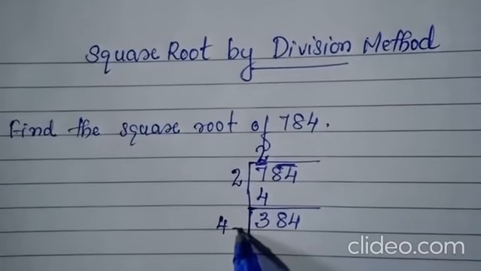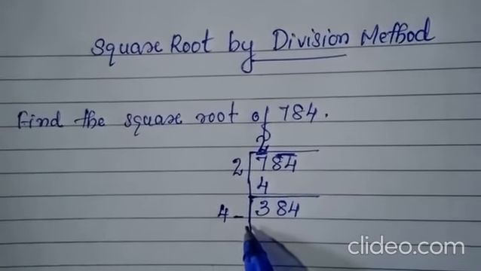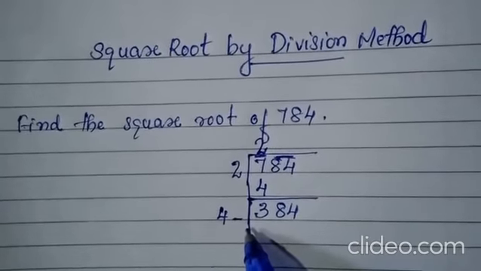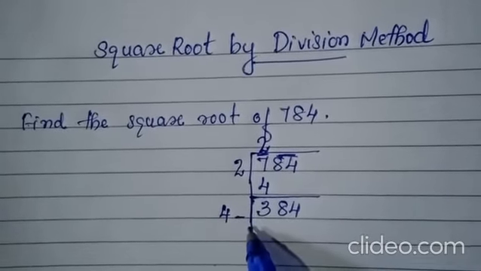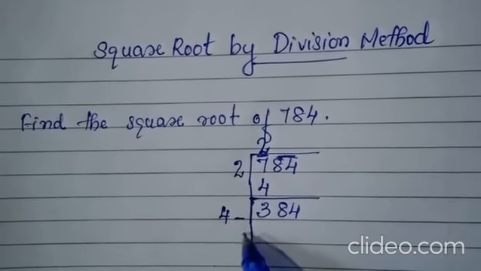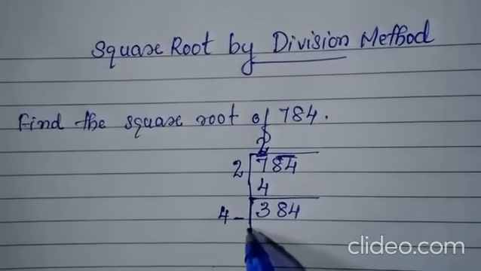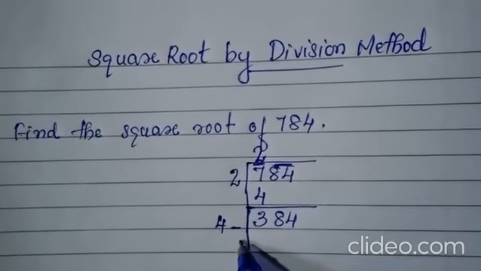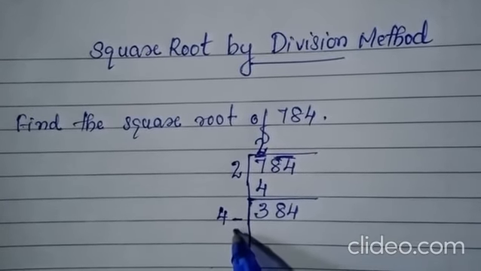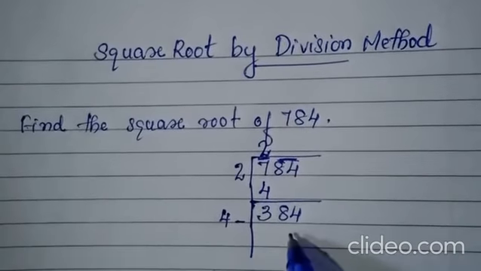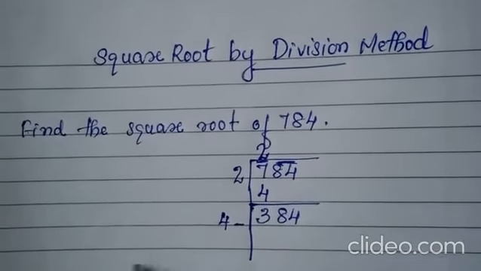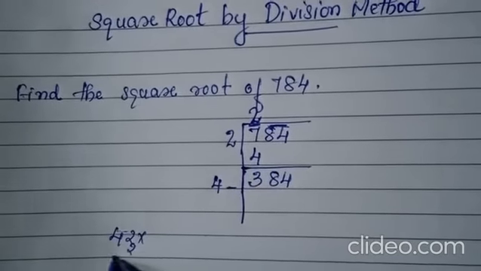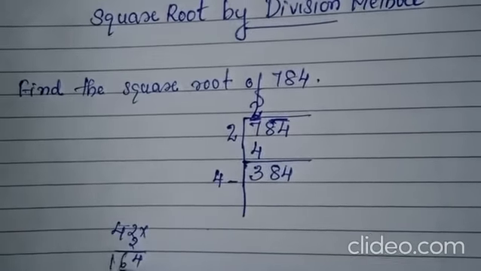This is the blank. Fill the blank, which also becomes a new digit in the quotient, such that when the new divisor is multiplied by the new quotient digit, the product is less than or equal to the dividend. So we will think which number will come. 384. So if we multiply 42 into 2, we will get 84.